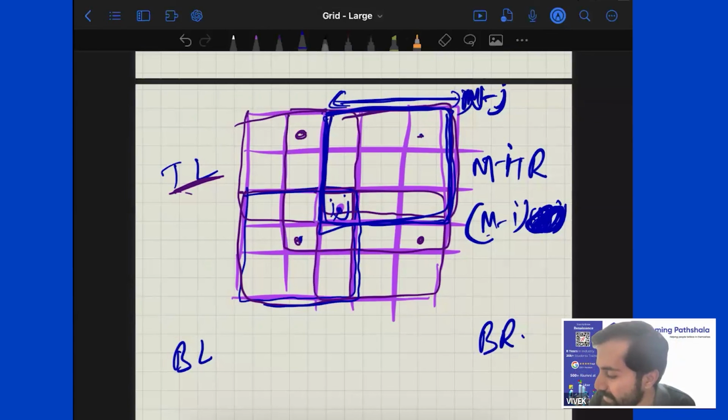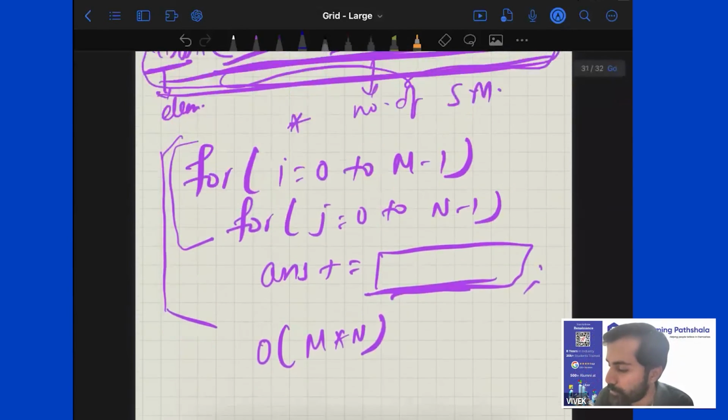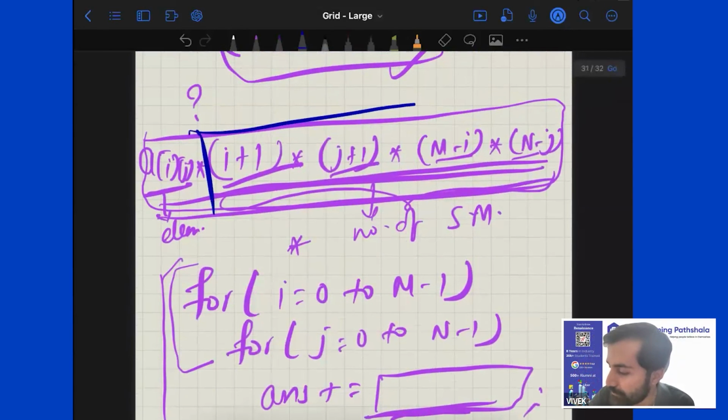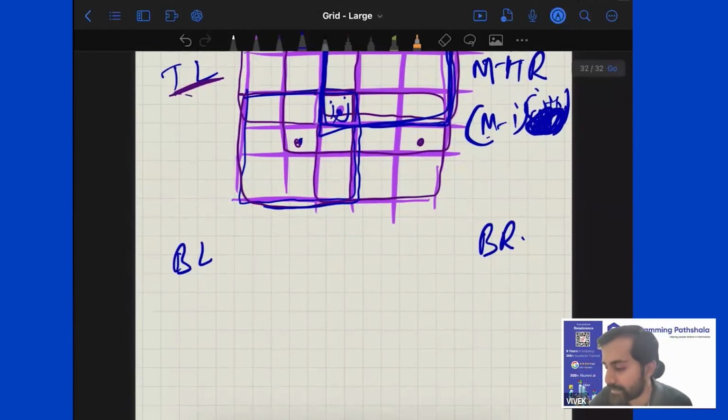It will be either m minus i into j plus 1, and here it would be n minus j into i plus 1. So if you take a product, you will end up getting the exact same thing. You can try that out. Both ways are the same, whether you go by this or that.